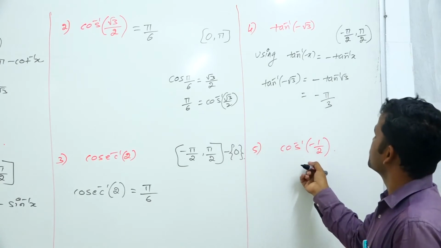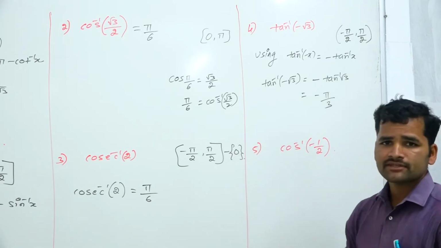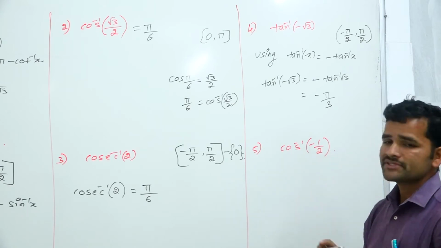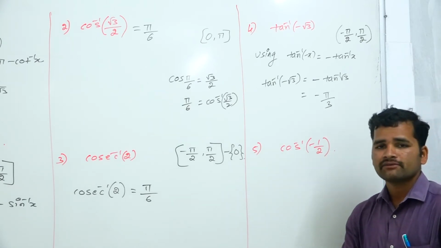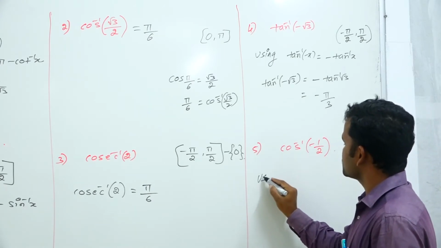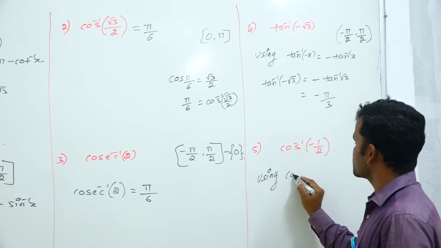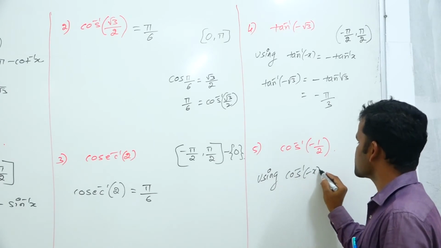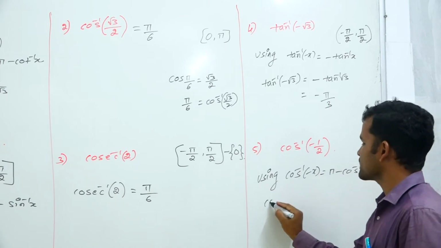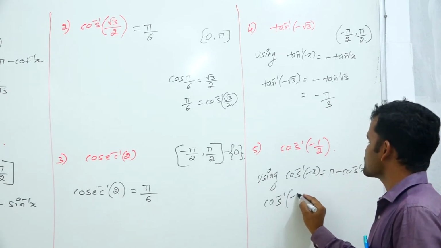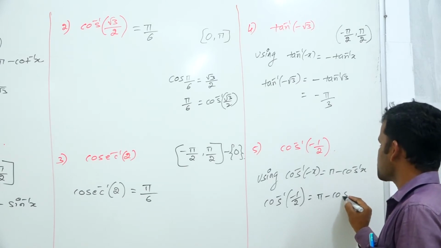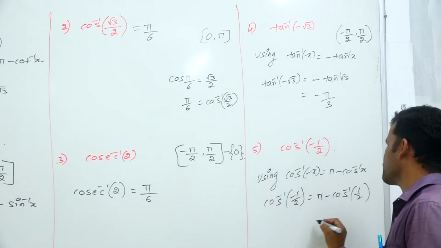Coming to this fifth one, cos inverse of minus 1 by 2. You see, cos inverse of a negative value is there. As cos inverse of a negative value is there, you use the property, that is cos inverse of minus x is equal to pi minus cos inverse of x. I can write cos inverse of minus 1 by 2 is equal to pi minus cos inverse of 1 by 2.